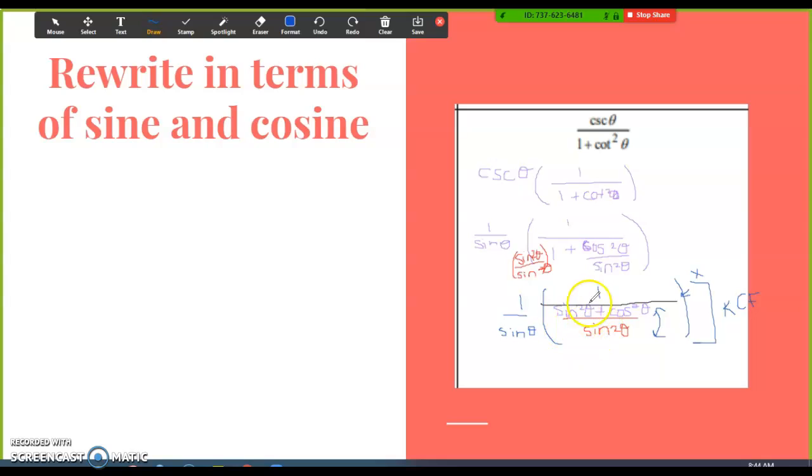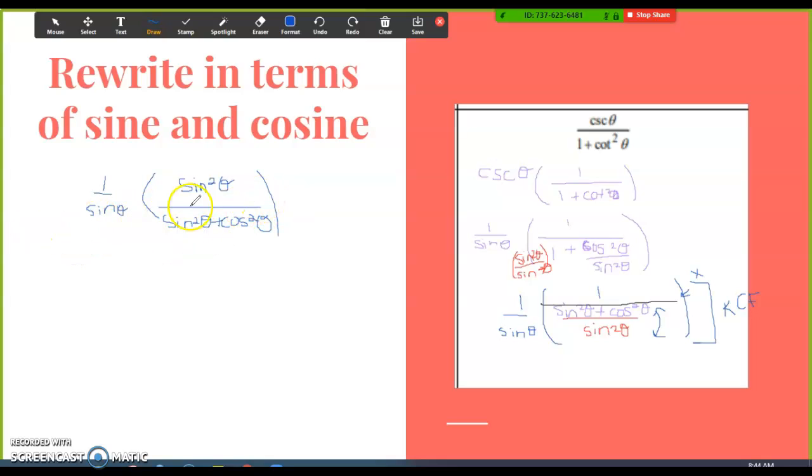If we're multiplying this fraction then times 1, then all we would be left with would be this fraction flip. So we would have the sine squared of theta in the numerator. And in the denominator, we would have sine squared of theta plus cosine squared of theta. Let's not forget all of this is still being multiplied by the 1 over sine of theta.